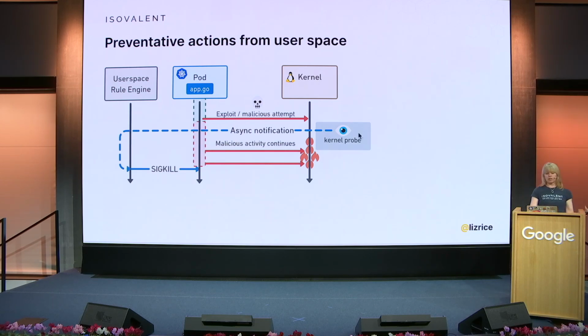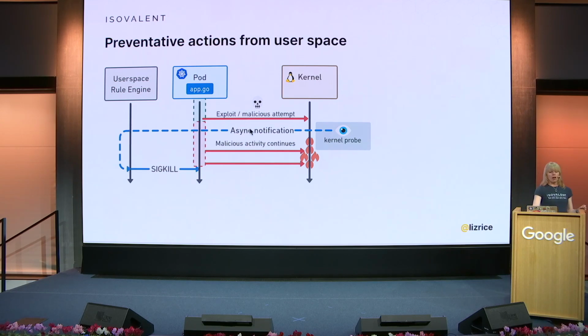In fact, quite often the user space rule engine is the thing that's going to decide whether it matches the policy or not. And then it might say, well, this looks suspicious, so maybe I could kill the application or the process that generated this dodgy-looking event.